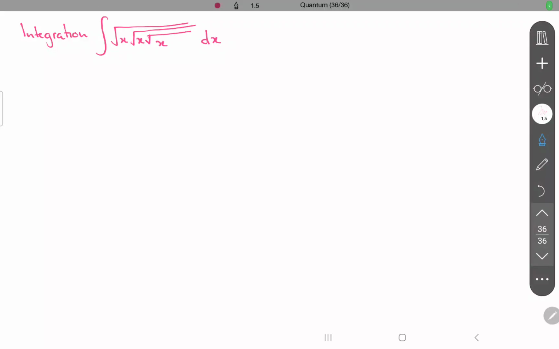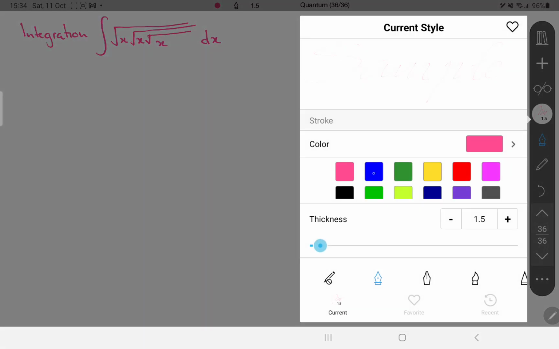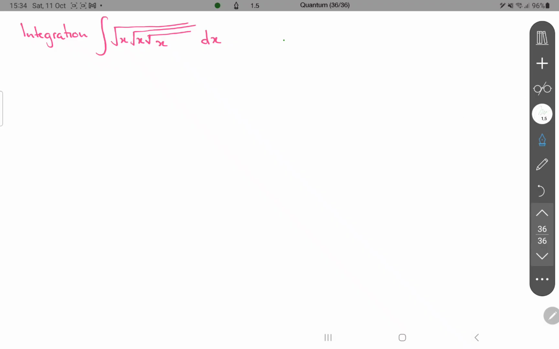Special case of integration. First of all, we have to understand the laws of indices. The first law of indices we observe there is that the square root of x can be written as x to the power a half.